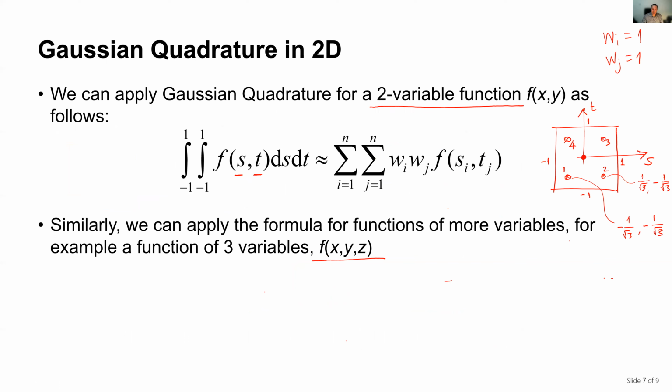So in fact, I can calculate any arbitrary integral from a to b and from c to d of my function f(x,y), let's say dx dy, by transforming this into another equivalent integral, which is defined from -1 to 1 in both directions. So I can apply the same transformations in the two variable function, and again, I can get the result.